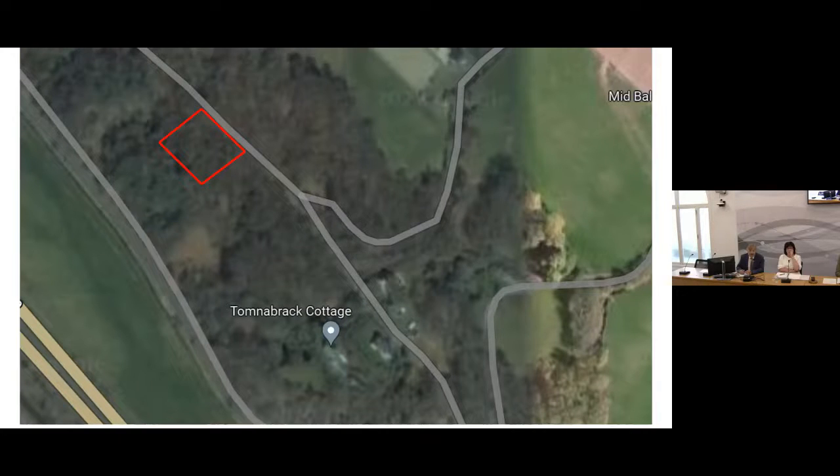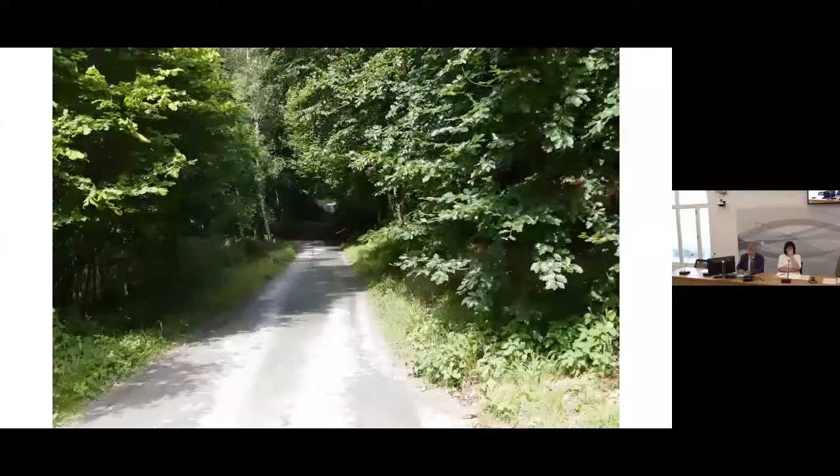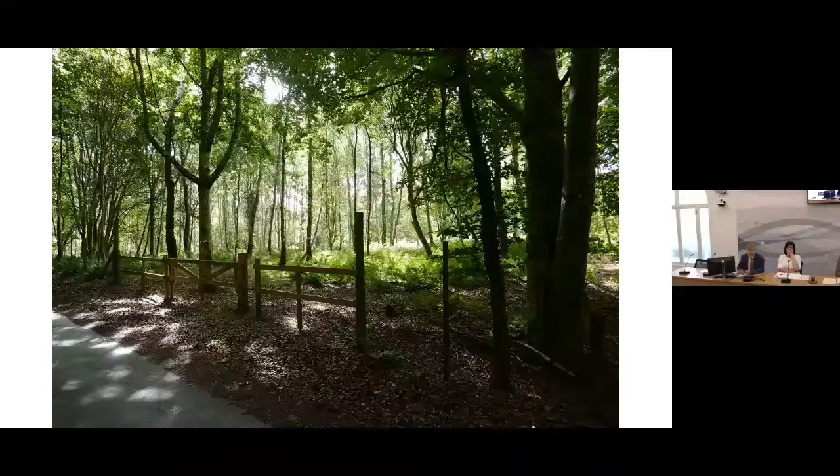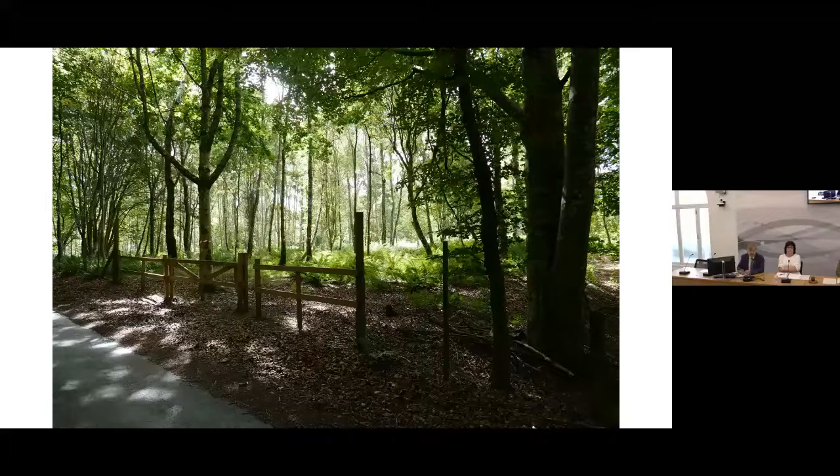Next picture, please. That's the access road leading from the existing cottages towards the application site. Next slide, please. And you can see a kind of gate feature on the right-hand side of the road there. That is the entrance to the application site, which lies beyond it.